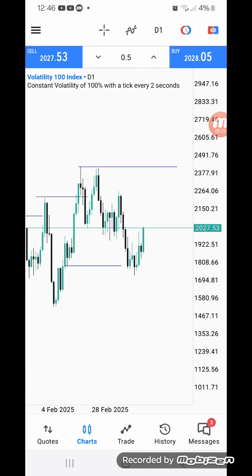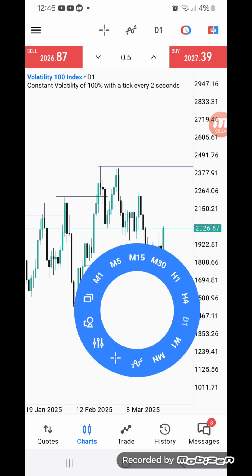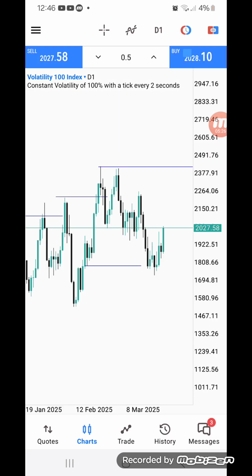It was a very clear liquidity. It was taken out, and that improves the quality of getting into this trade. And you can see the market also tapped on the body of the order block, giving us a confirmation that the market is still bullish.